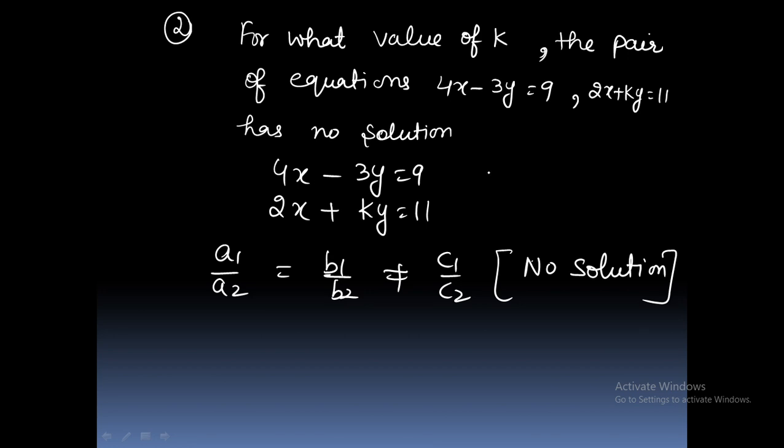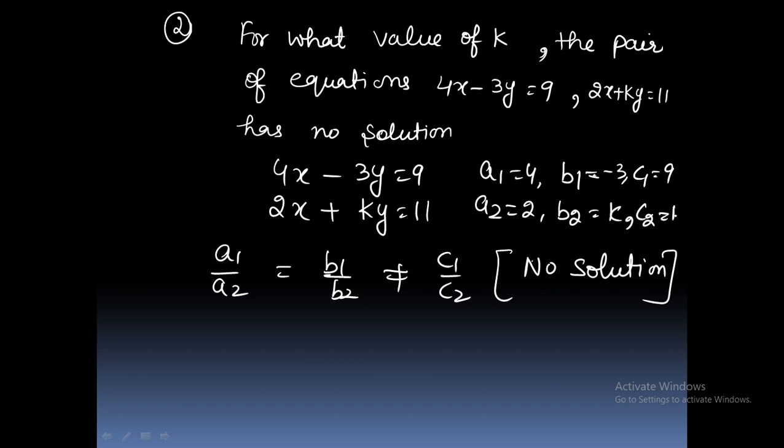From the first equation we find a1 is 4, b1 is minus 3, c1 is equal to 9, and in the second equation we get a2 is 2, b2 is k, and c2 is 11. We put these in the formula: 4 by 2 is equal to minus 3 by k, not equal to 9 by 11.